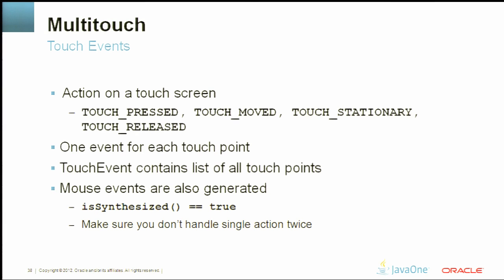Also, every touch event also generates mouse events, so if you already have some application which handles mouse events, it will work also on touch enabled devices, but you need to make sure that you don't handle it twice, and you do this by checking what isSynthesized returns.